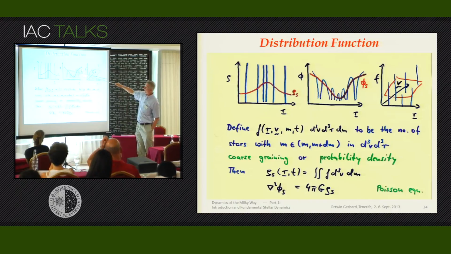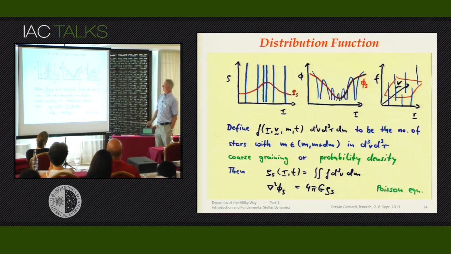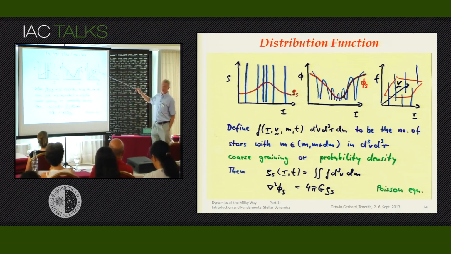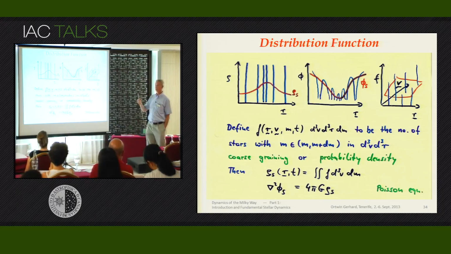And of course, in reality, I've vastly exaggerated. These are very small fluctuations on the mean field potential. And then we can define what's called the single particle distribution function F as a distribution of mass, if you like, over the phase space R and V, plotted here as the two axes. And again, we don't need to consider the fact that this particle distribution function consists of individual stars.